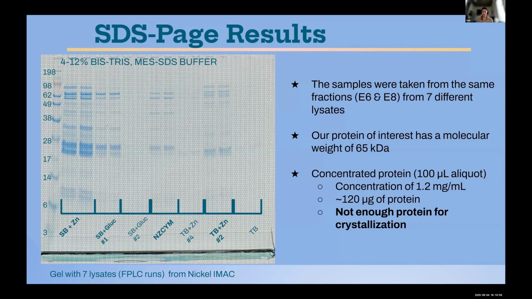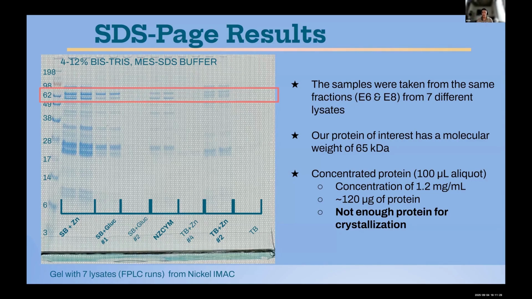Because we know that our protein has a molecular weight of 65 kilodaltons, we know that in this red box is where we would find our protein, and we have some lines there which indicate that our protein is indeed being expressed. However, we still have some lines below, which means that there could be some contaminant, or that our protein is breaking apart.